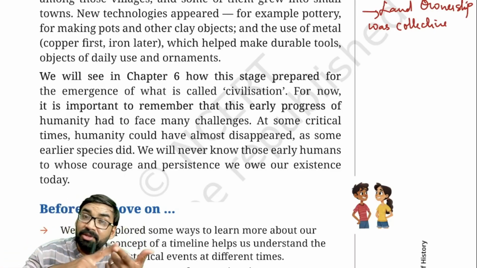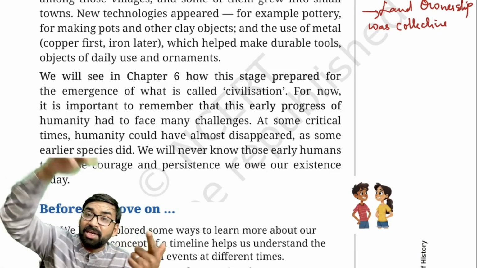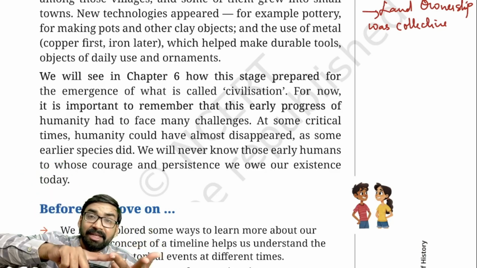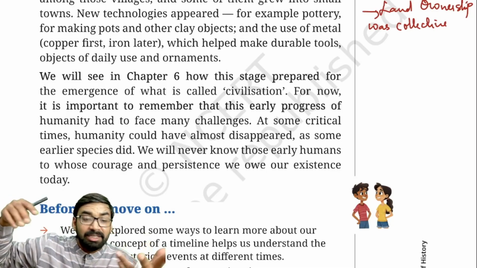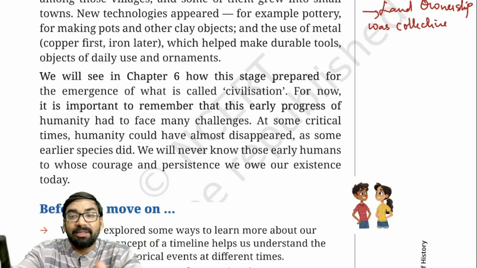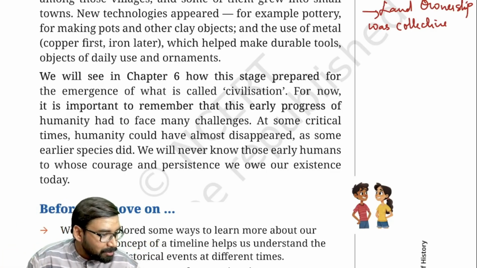We have started from the evolution of human beings when nothing was there, and then they started hunting and gathering. Then gradually population increased, villages came into the picture, and land ownership, chiefs came into the picture.